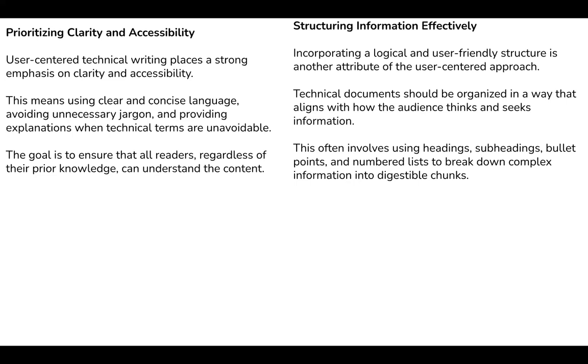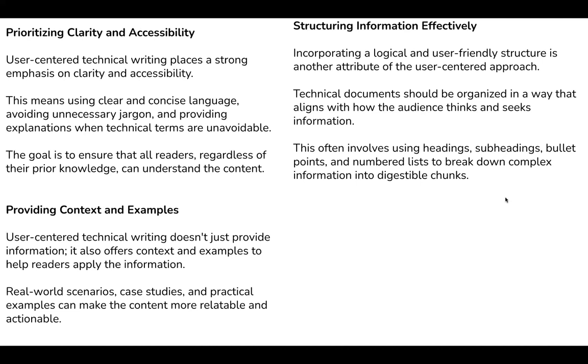If bullet points are going to be confusing for them, you know you have to use numbered lists. If headings are not necessary at that point, you know you have to remove them, because you already know who you are writing for. So using a user-centered approach in technical writing helps you structure information effectively while tailoring it to the audience, right?